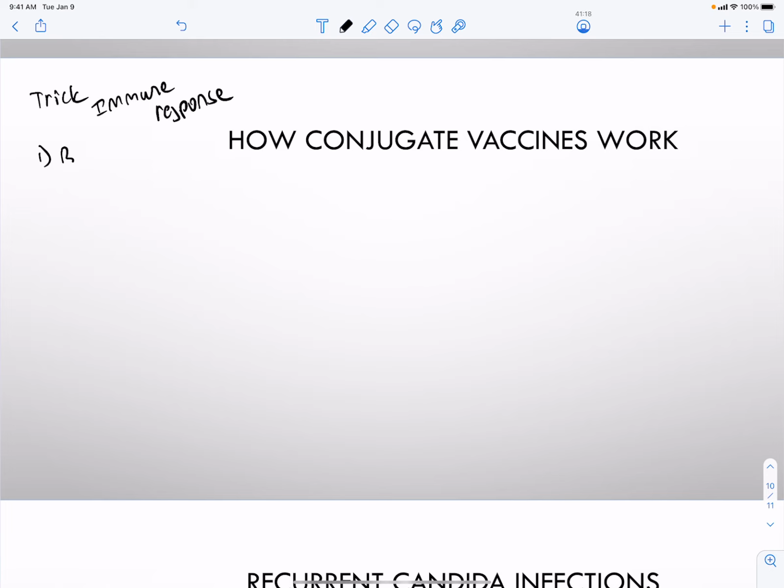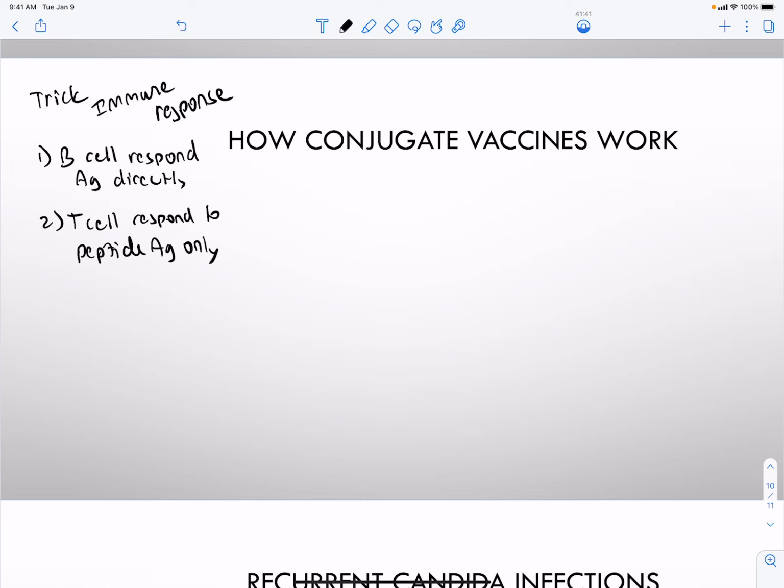One, a B cell can respond to antigen directly. Two, a T cell can only respond to a peptide. And so what that means is if you have a B cell that on its surface has its B cell receptor, and it's responding to this antigen.